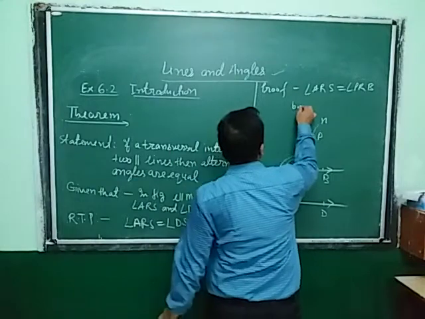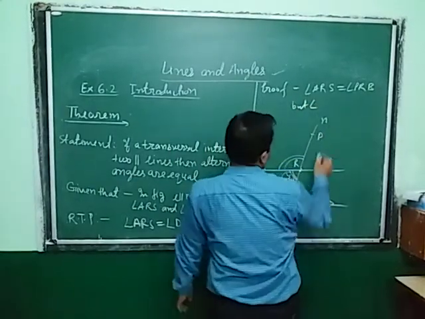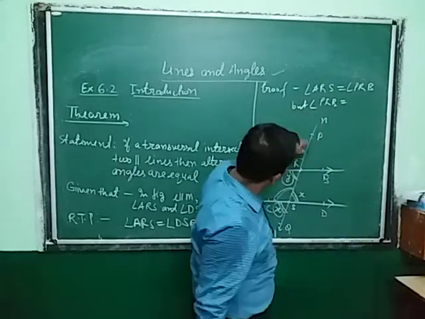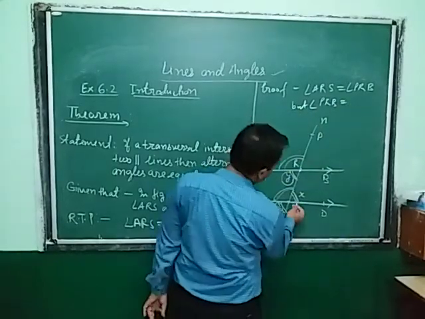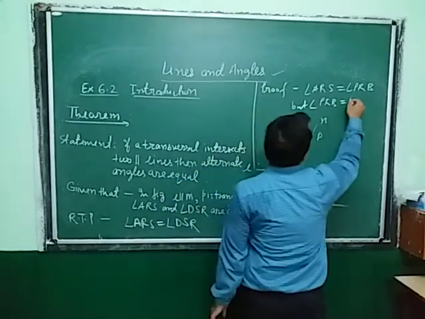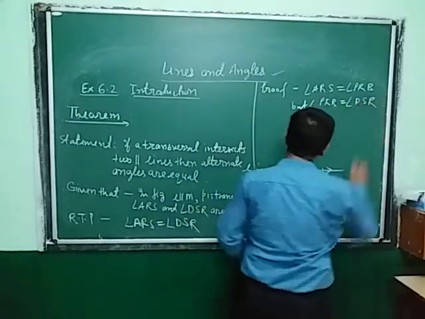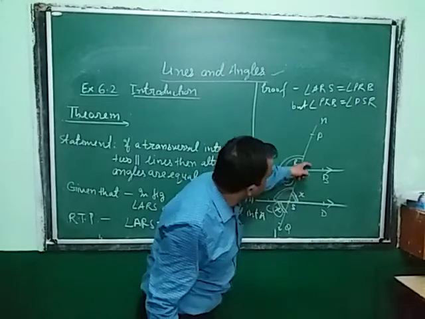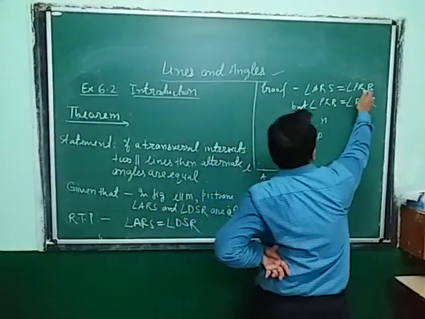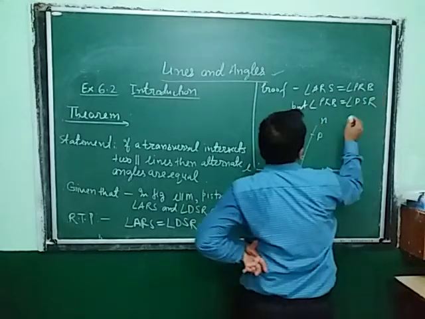But this angle PRB is equal to angle DSR. Why? Because these two angles are corresponding angles. So ARS equals PRB, but PRB equals DSR.